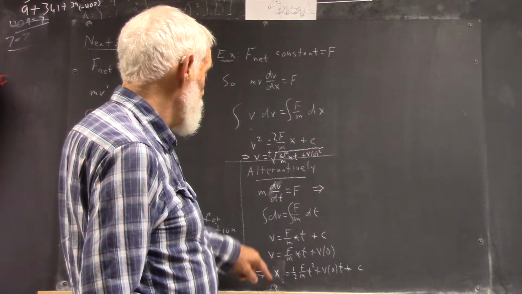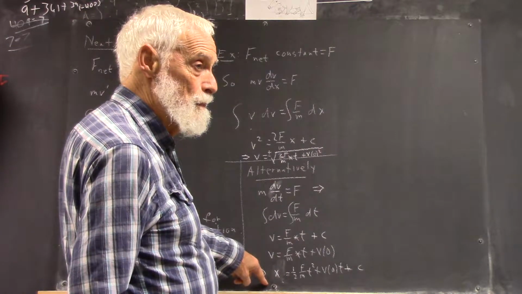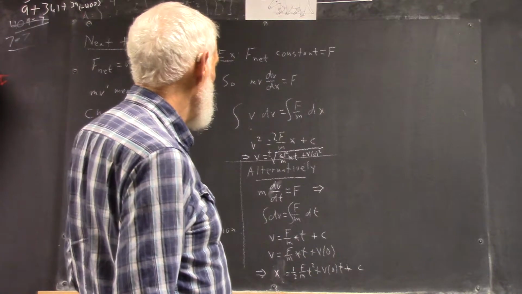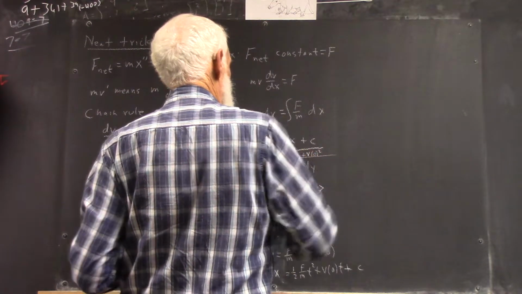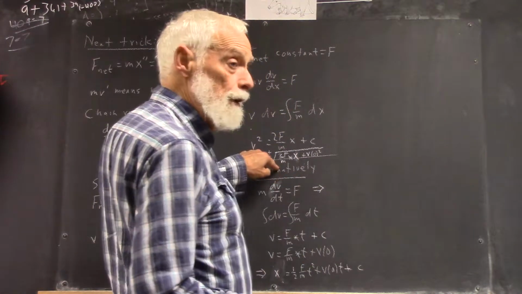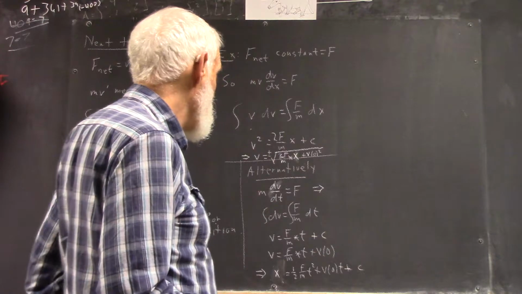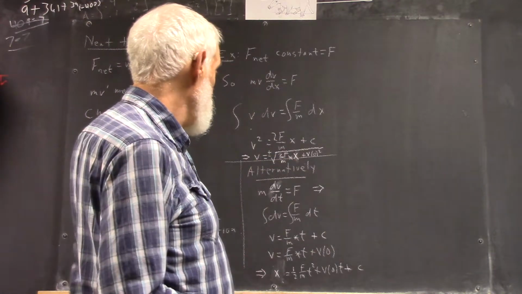Now, is this consistent with this? And it's not t, it's x, because, of course, we solved in terms of x. Well, if we plug this x in here, then we get v as a function of t, right?